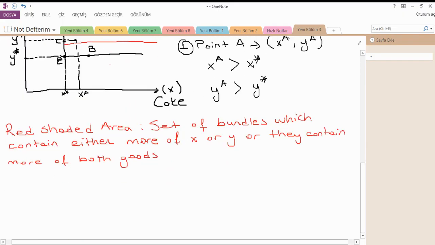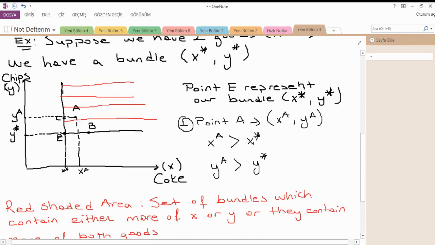For example, point B. Let's look at point B. So point A is an element of the red shaded area. Also, I'm going to shade it like this also to contain all the points.